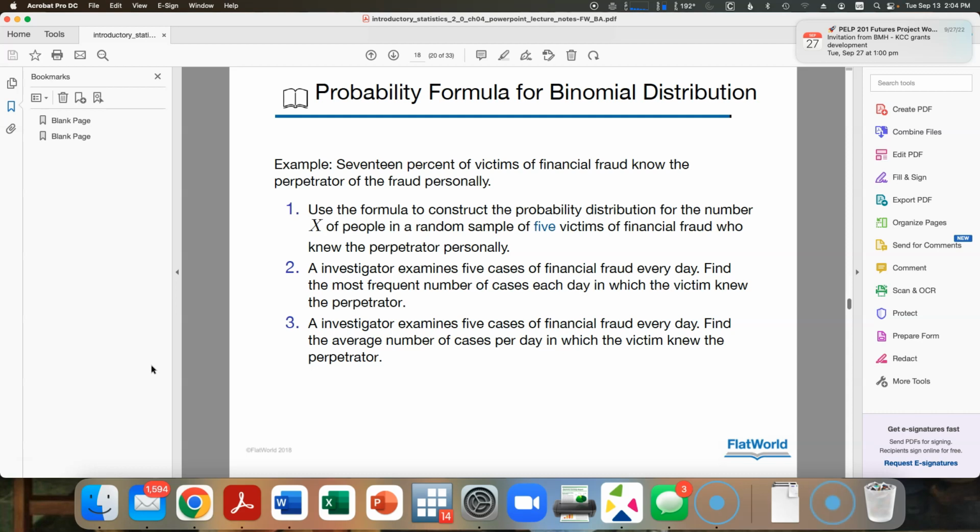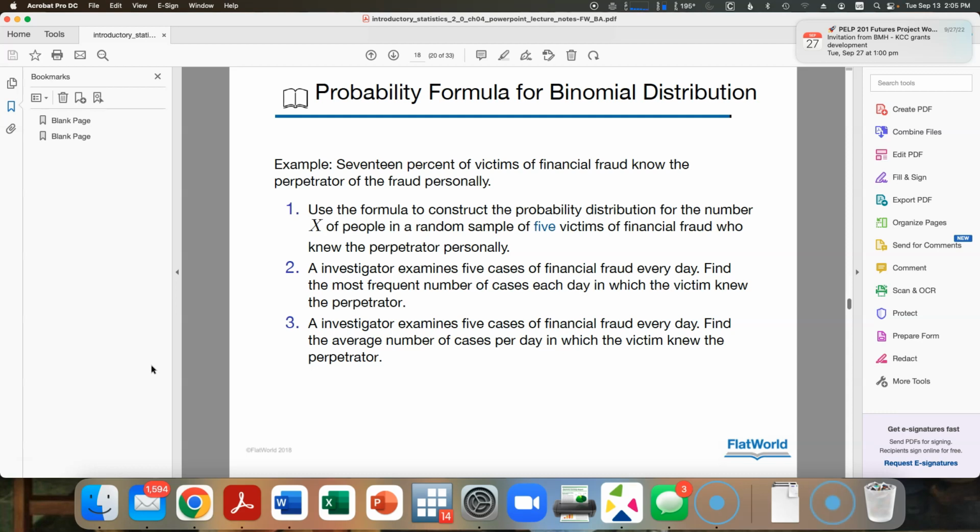So if I had 5 individuals who had financial fraud, I want to know the probability that they knew that perpetrator personally. The investigator here is going to look at 5 cases every day. What's the most frequent number of times each day they're going to find that the fraud victim knew the causer of the fraud? And then how many on average? So that's what we're going to solve here.